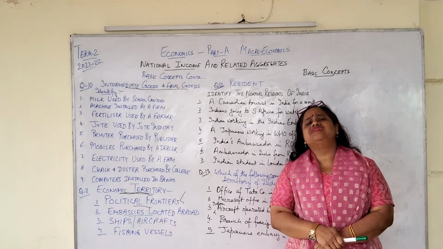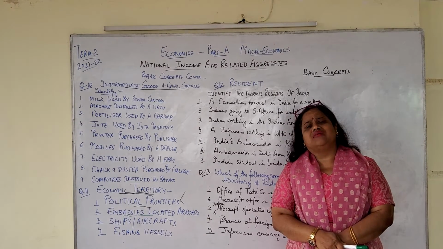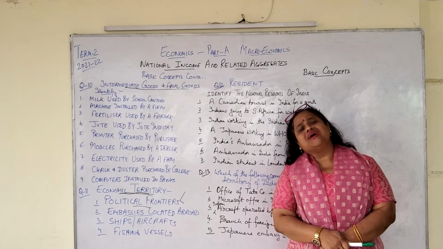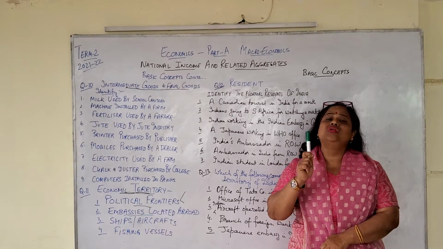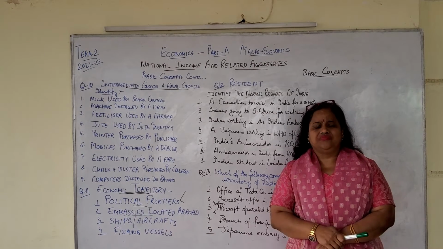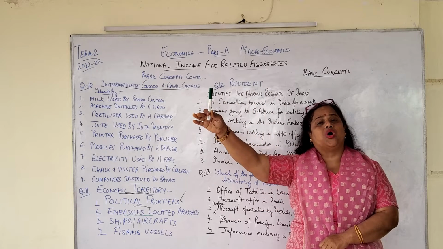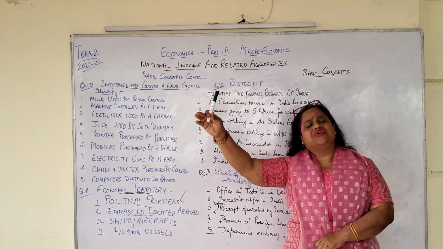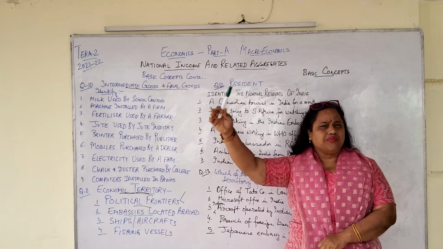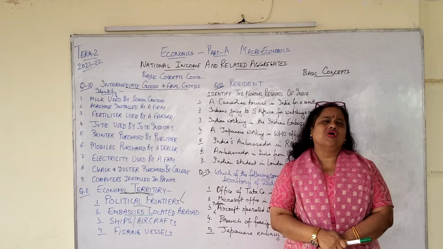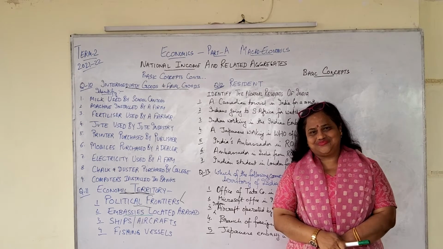For example, national income of India is the sum total of income earned by only the Indians anywhere in the world. So Indians working within India and Indians who are temporarily working abroad for less than 1 year, the income that they bring along is added to national income, called factor income from abroad.